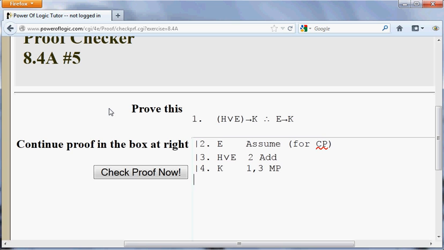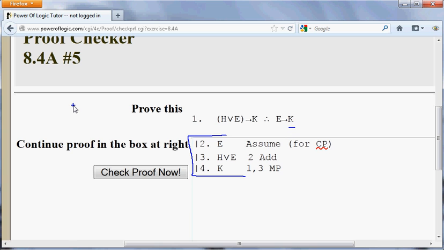At this point, if we were doing this on paper or you're looking at the proof in the book, we would have a box here, but under the letter K we would end the box, since that's the consequent of the conditional. So the logic here is something like this.